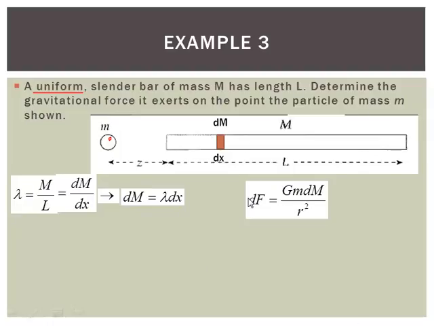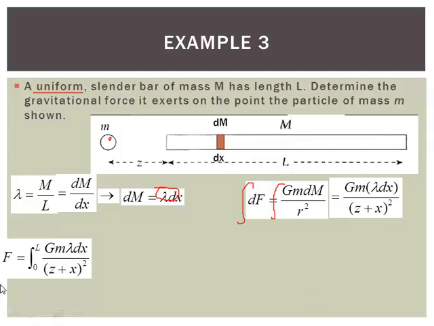Now if we integrate both sides, we can get the force. We know that dm will be what I just found here, and that r will be equal to whatever this distance is plus each of these little mass distances. So that's z plus x, all squared.